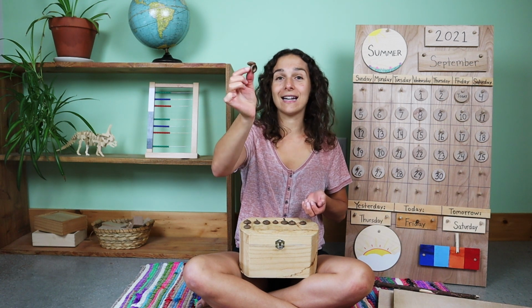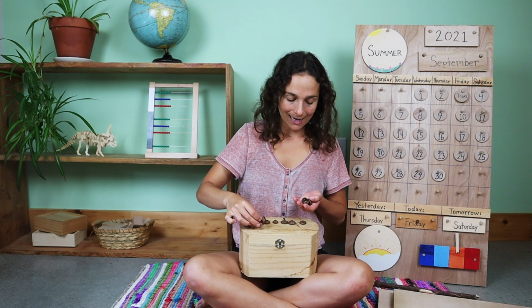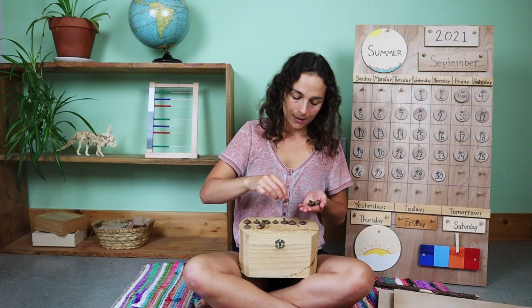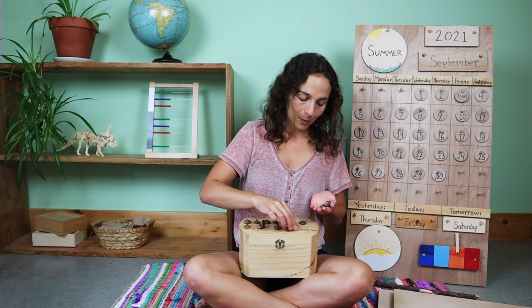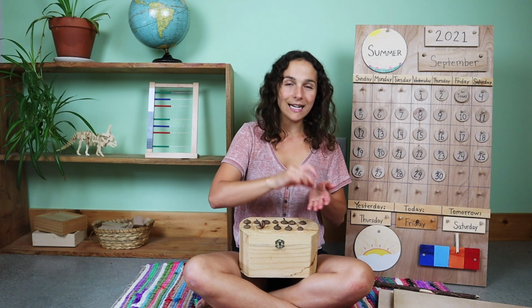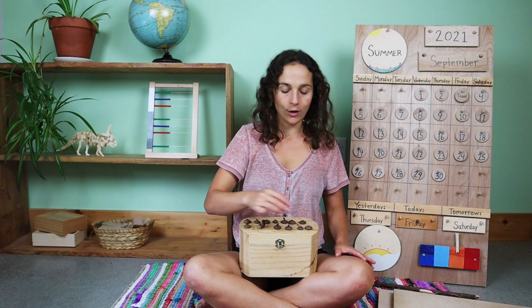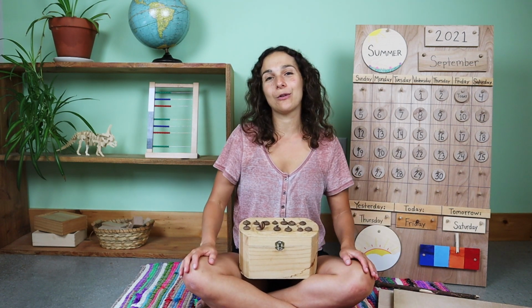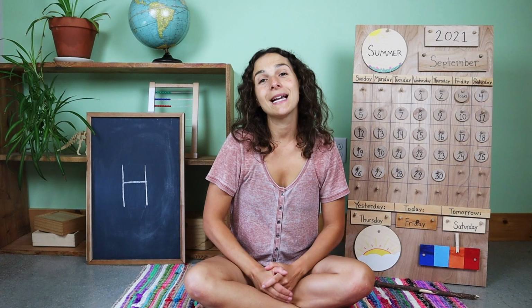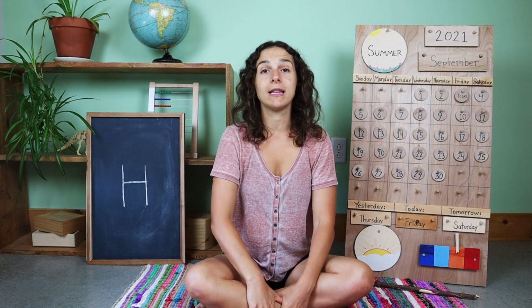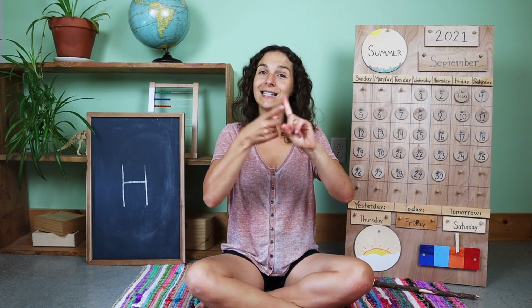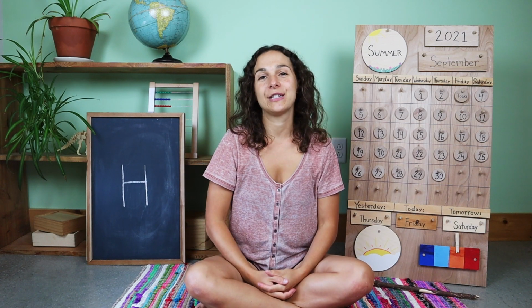These two are connected, so that would be 9 and 10, 11, 12, 13, and one more makes 14. 14 acorn tops.